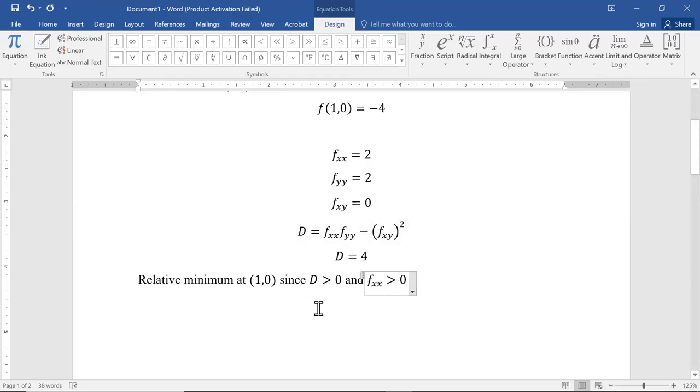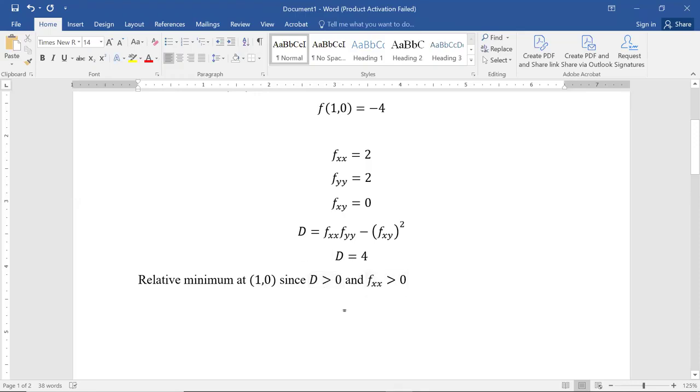Now you might think, why does this test work? This is not a perfect analogy, but I'm going to use this analogy. Notice that if D is positive, then f sub xx times f sub yy is overpowering f sub xy squared.